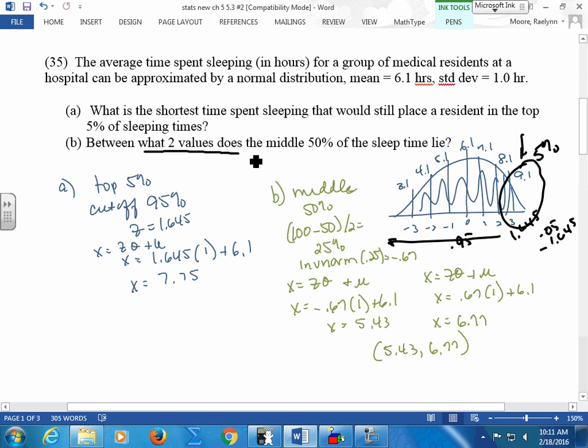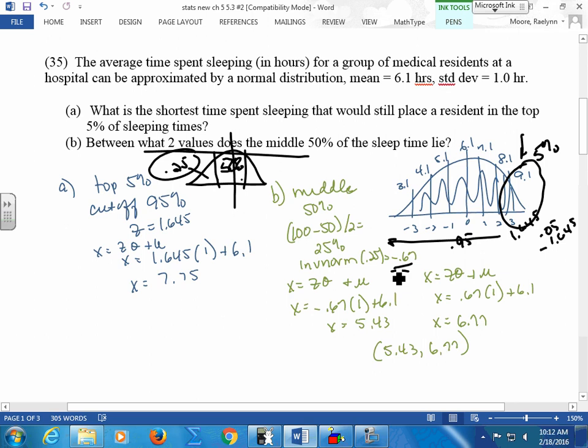Between what two values does the middle 50% of the sleep time happen? Not from 0 to 50. Between what two values tells me this. This is where I want my 50% to be, right here. Your curve is symmetric about the middle. So each part of this is 25, 25, so this is also 25. So I have to look up a z-score for 25% to my left. I find my z-score, I plug it in.